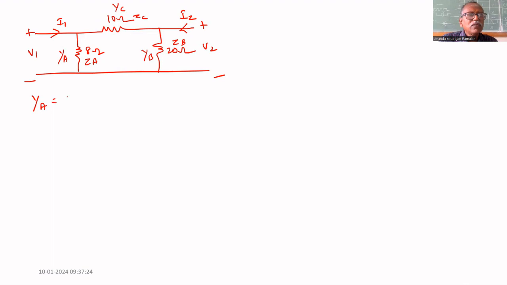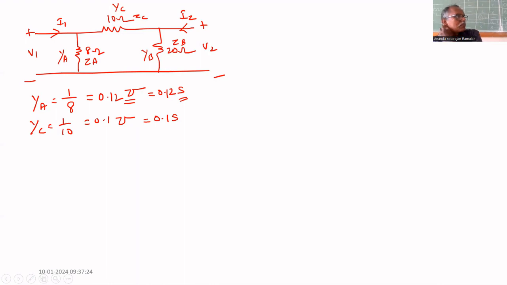But ZA, ZC and ZB are given. So let us find YA. YA equal to 1 by 8, that is equal to 0.12. What is YC? YC equal to 1 by 10, that is equal to 0.1 mho or 0.1 Siemens.